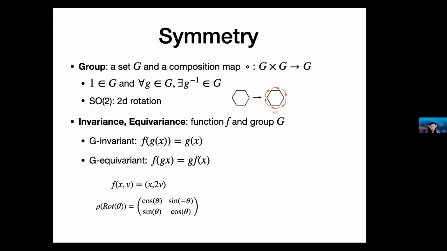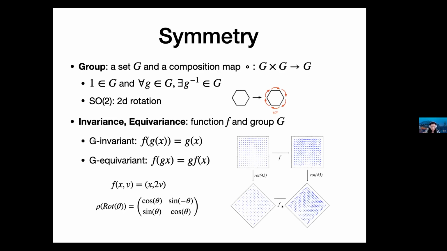So if we think this function f is equivariant, then what it means is that if we upscale this velocity field by 2, which leads to this velocity field, and then rotate it by 45 degrees, we get the velocity field in the bottom right corner.